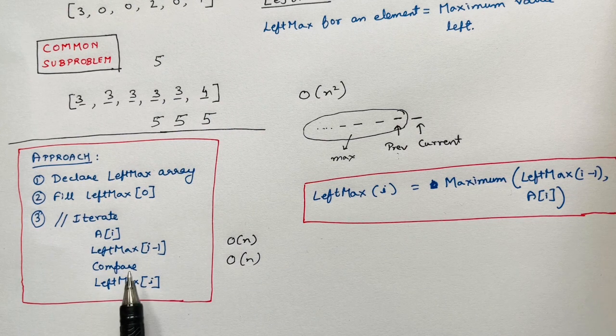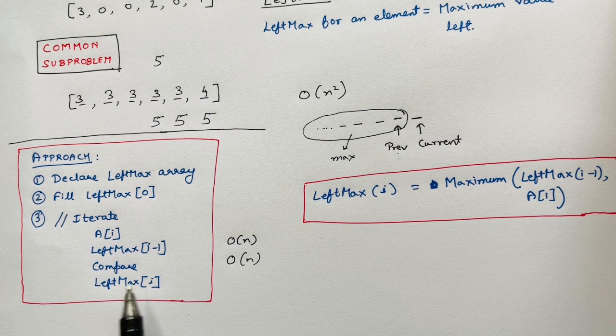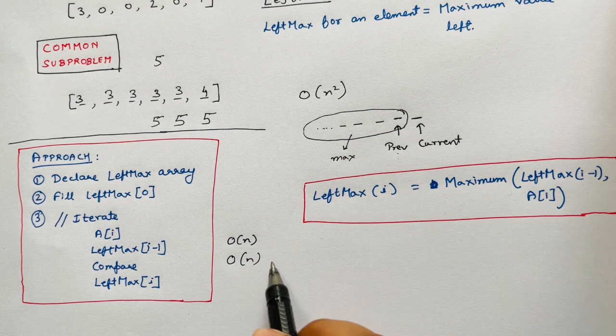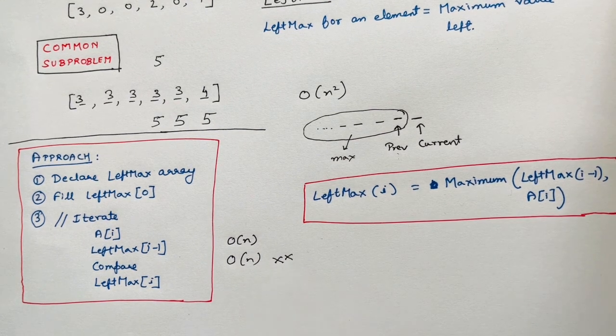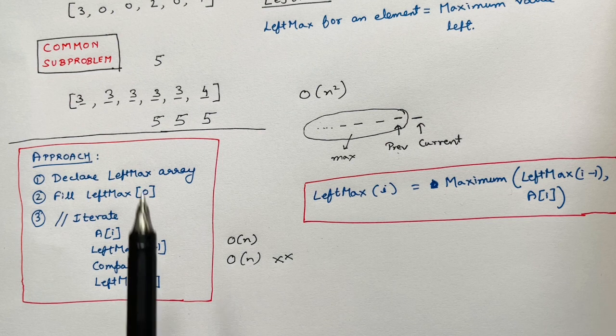Therefore, instead of this array, we could use just a previous element variable and store the left max of the previous element in a variable, calculate the current element's left max from it, and then our current element's left max will become the previous left max for the next iteration. And that way we will be saving on the space complexity as well, since we don't actually have to return the left max array, but we only have to use the results for each of these elements.